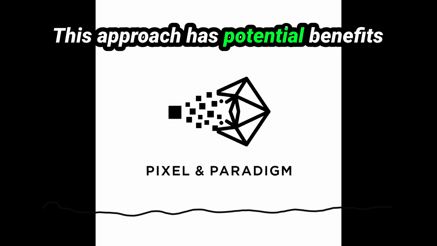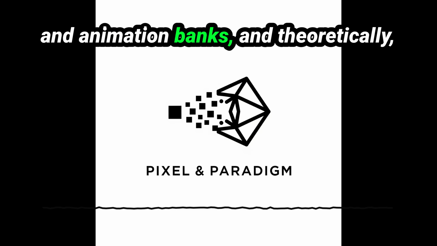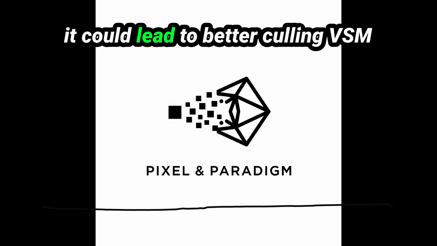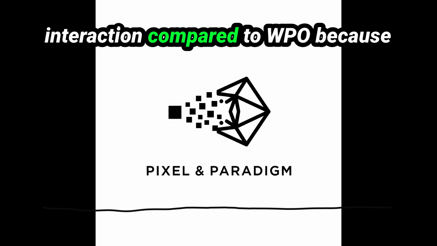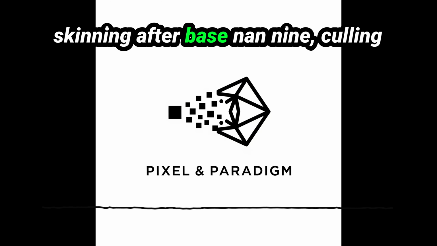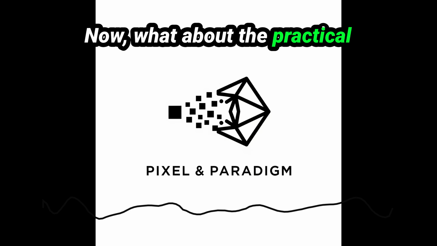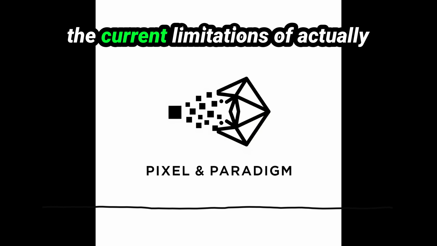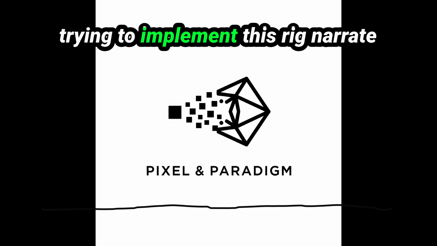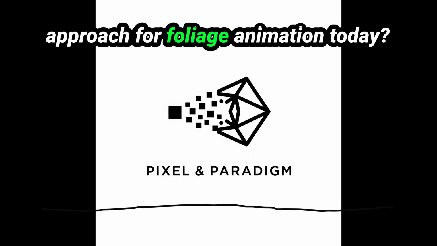This approach has potential benefits for draw call efficiency via instancing and animation banks. And theoretically, it could lead to better culling and VSM interaction compared to WPO because the vertex deformation happens via skinning after base Nanite culling, potentially keeping bounds more stable. Exactly. Now, what about the practical feasibility, the major challenges, and the current limitations of actually trying to implement this rigged Nanite skeletal mesh plus compute shader approach for foliage animation today?